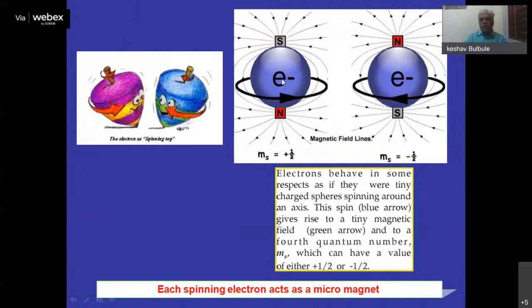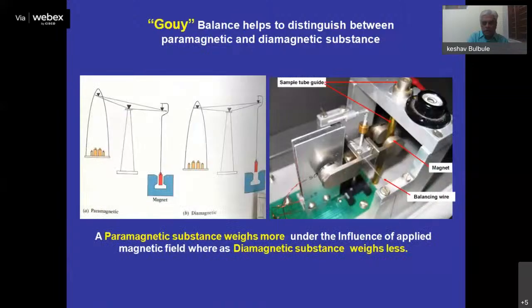And you know that the electron, while revolving around the nucleus, also revolves about its own axis, and there are only two possibilities: one in the anti-clockwise direction and another in the clockwise direction. Based on that, you must have been taught that the spin quantum number associated with the electron is either plus half or minus half. And this plays a very important role in several medical investigations, right?